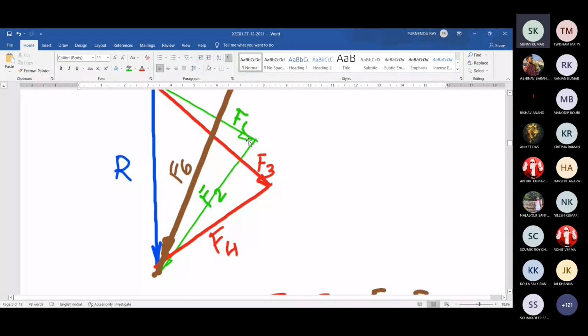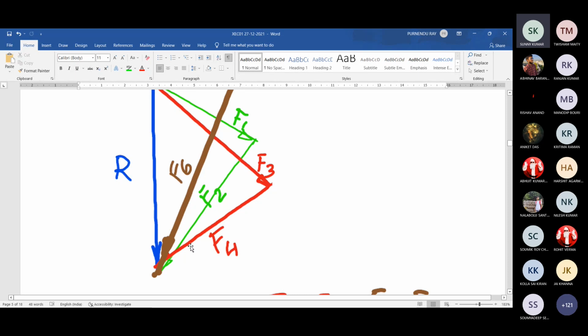Suppose we consider a particular point here, anything, then draw F1 through that point in this direction, parallel to this green line F1, then F2 parallel to that here, and F3 vertically upward. Then the angle between F3 and F1, the angle between F1 and F2, and the angle between F3 and F2 are not these.